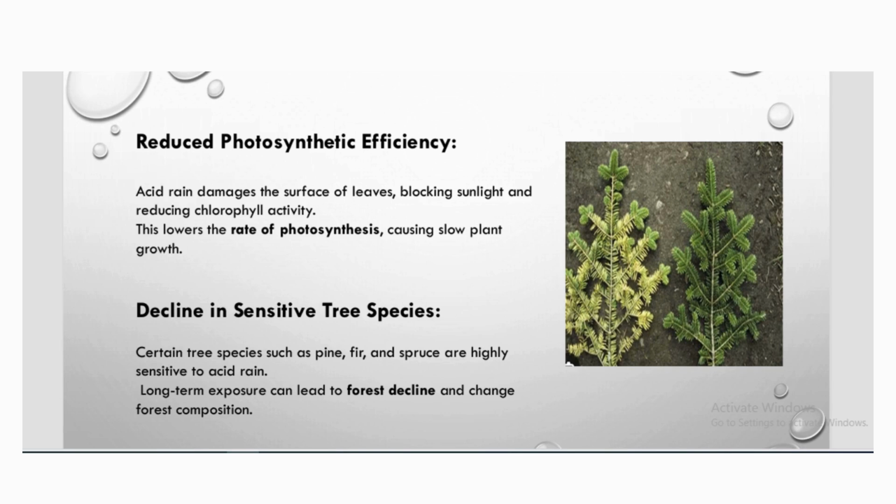Acid rain can damage the surface of leaves, blocking sunlight and reducing chlorophyll activity. This lowers the rate of photosynthesis, causing slow plant growth. There is also the decline of sensitive tree species. Certain tree species such as pine, fir, and spruce are highly sensitive to acid rain. Long-term exposure can lead to forest decline and change the forest composition.